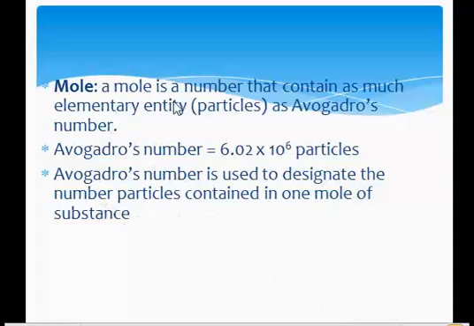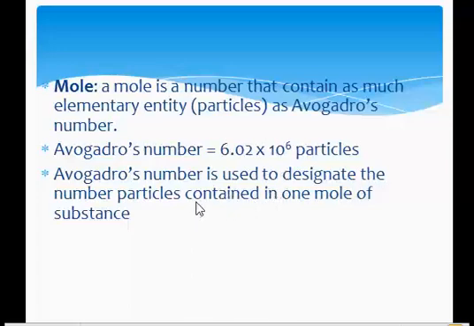So, since we now know that a mole contains as much elementary entities or particles as Avogadro's number, the question is, what's Avogadro's number? Avogadro's number is equal to 6.02 times 10 raised to the power 23 particles. This Avogadro's number is used to designate the number of particles contained in 1 mole of a substance.